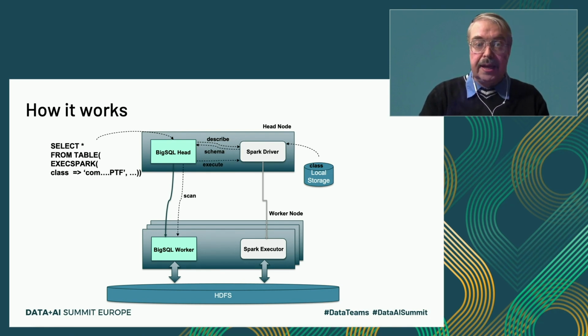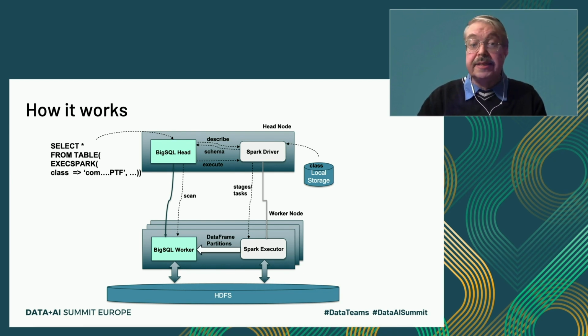BigSQL is next starting the computation on the BigSQL worker nodes and calling execute in Spark. And Spark is initiating the computation on all the worker nodes. That is going on. And then when the computation is done, Spark is transferring the result locally on each Spark executor to the corresponding BigSQL worker.